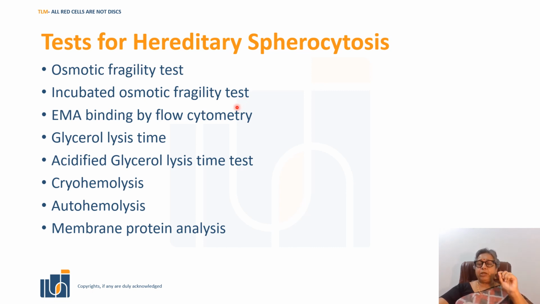More often than not, hereditary spherocytosis is something that you pick up when you're just doing a review, most probably in a master health checkup or something like that.